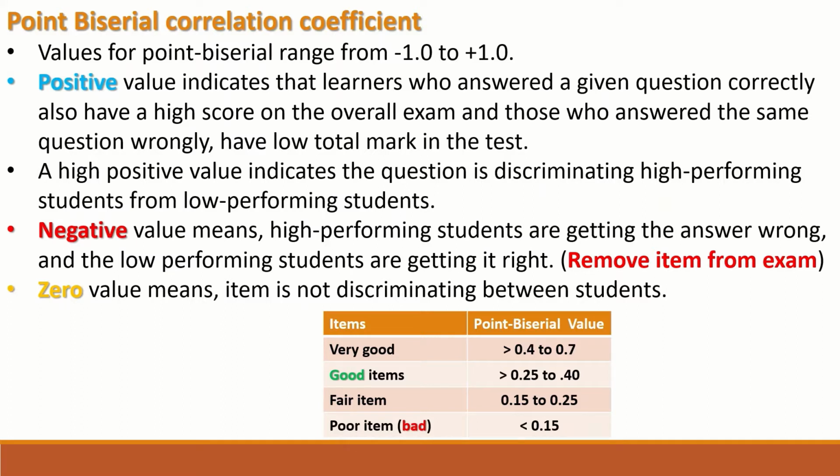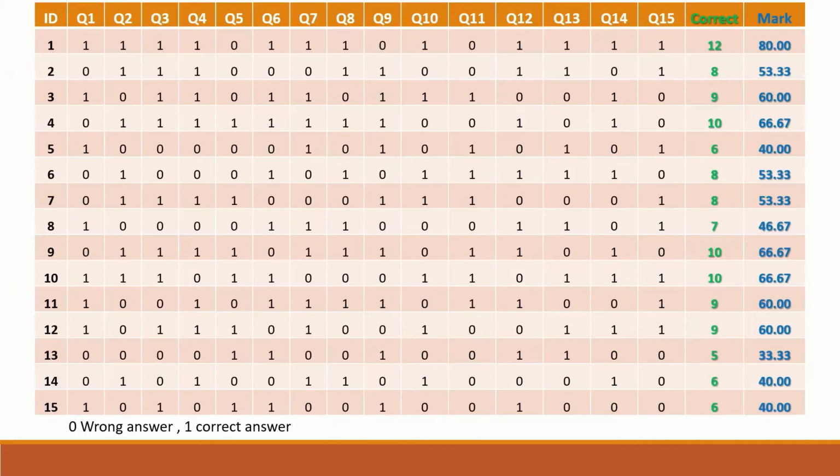Any question that has a point-biserial value of less than 0.15 is a bad question, or a bad item, that is worth modifying or omitting from the exam.